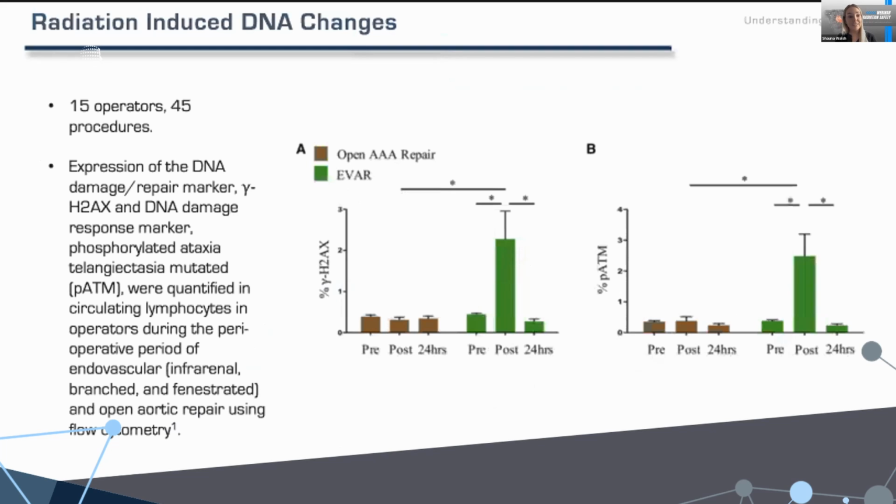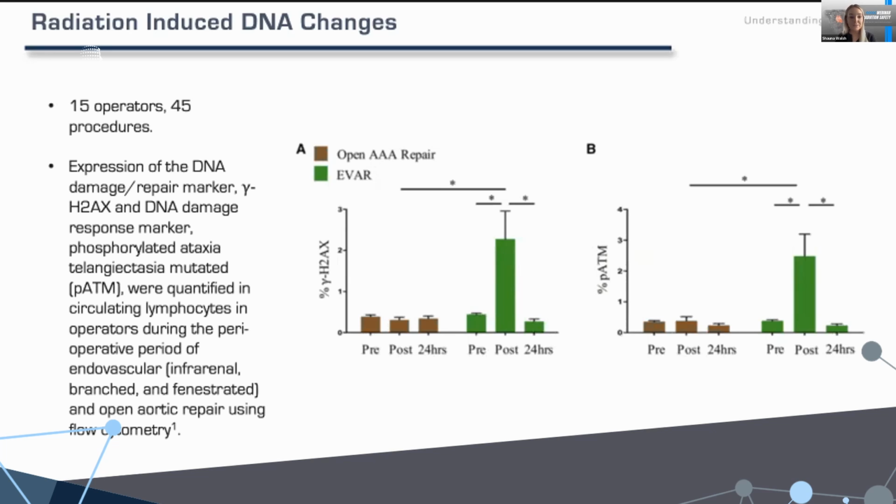This study is very interesting. It's likely the first study that really explores DNA changes as a result of X-ray exposure. So DNA markers were observed immediately after, and 24 hours after procedures in vascular surgeons. The green group used X-ray and the brown didn't. So we can see an acute cellular response just after exposure here in the green group.